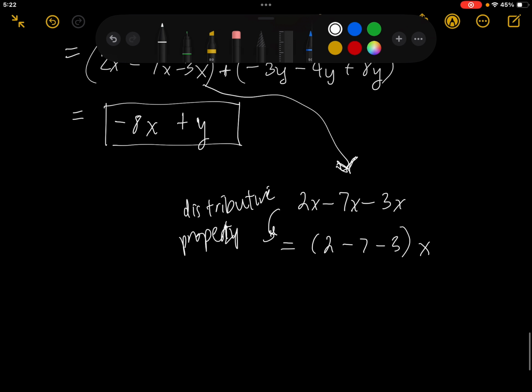And then 2 minus 7 minus 3 is negative 8. Just in case it wasn't clear why you're allowed to just combine the coefficients together.